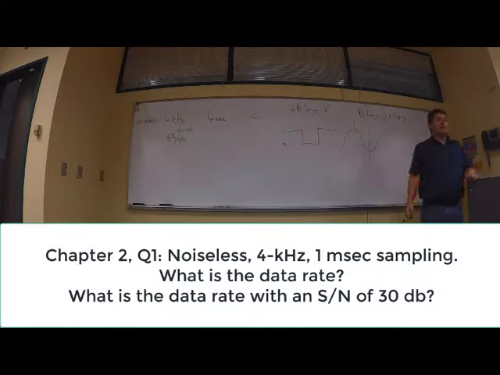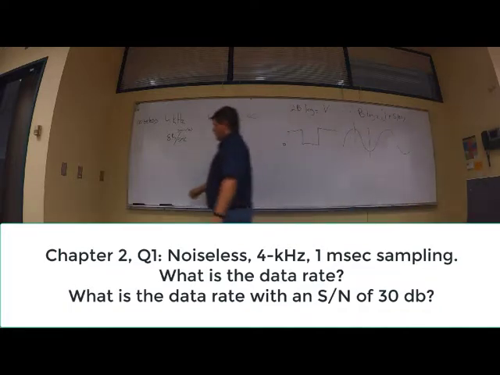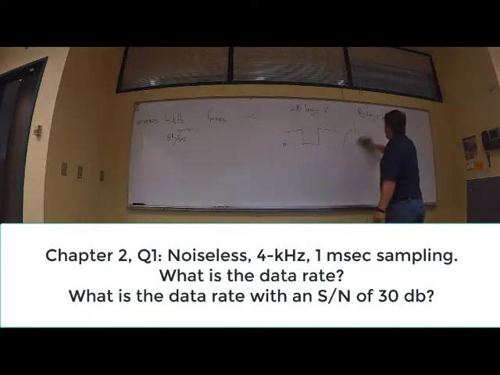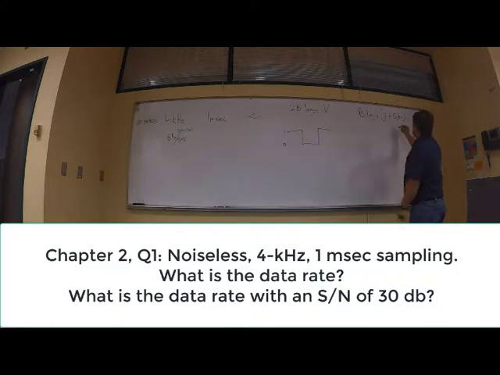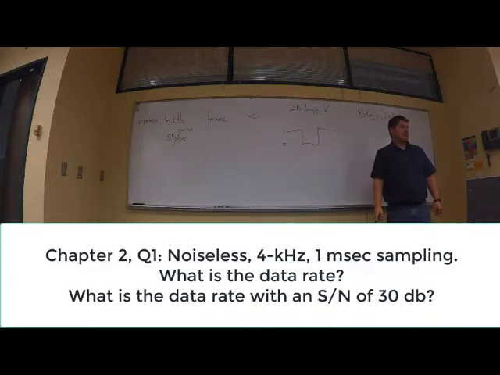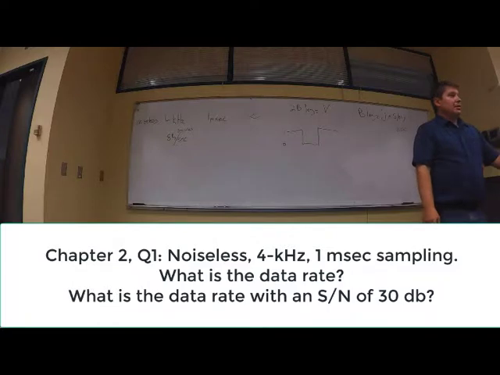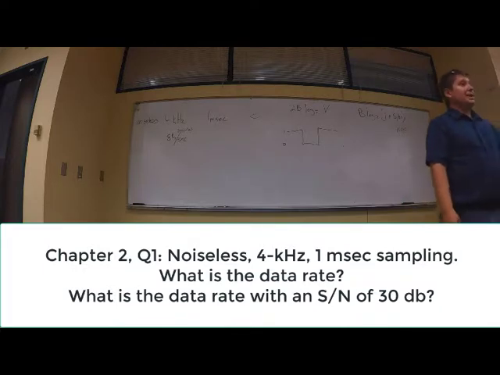So 30 decibels translates to what for signal to noise ratio? 1,000, right? 3 zeros. So that becomes 1,000. Everybody understand why that becomes 1,000? Decibels is a logarithmic scale. You take the signal to noise ratio, take the log of it base 10, and then append a 0.